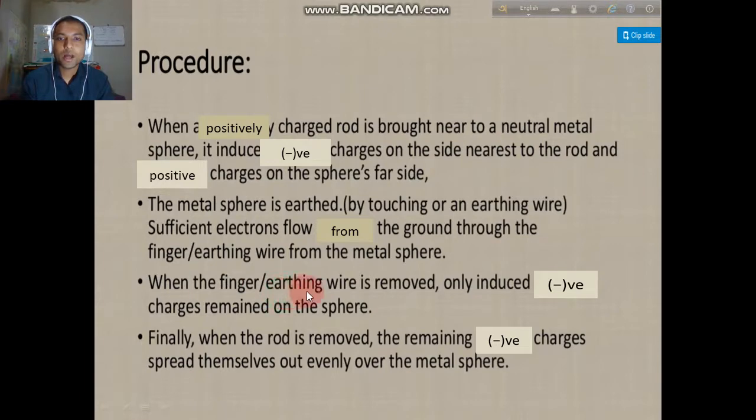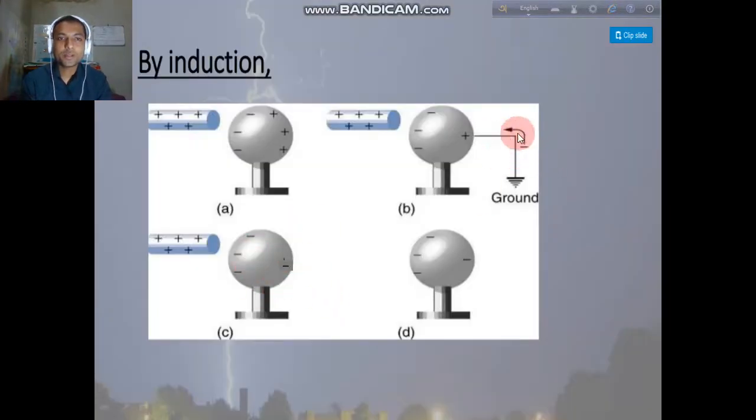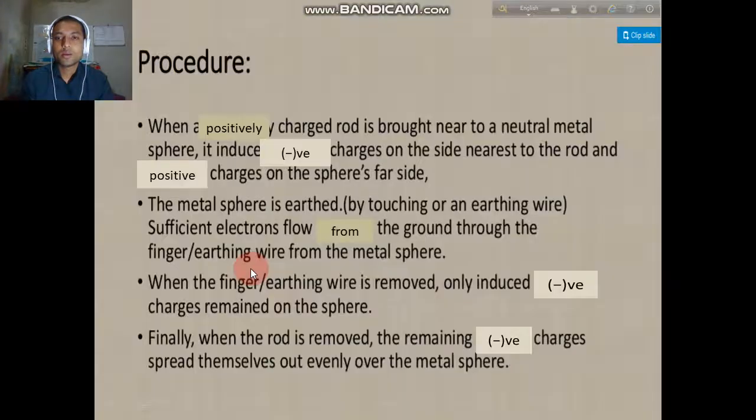When the finger or earthing wire is removed, only induced negative charge remains on the sphere. Finally, when the rod is removed, the remaining charges spread themselves out evenly over the metal sphere.